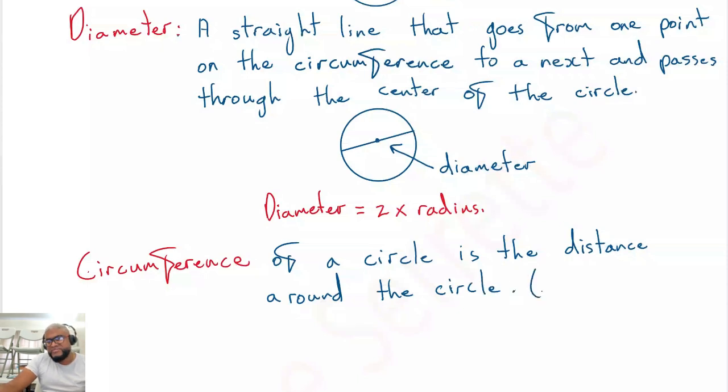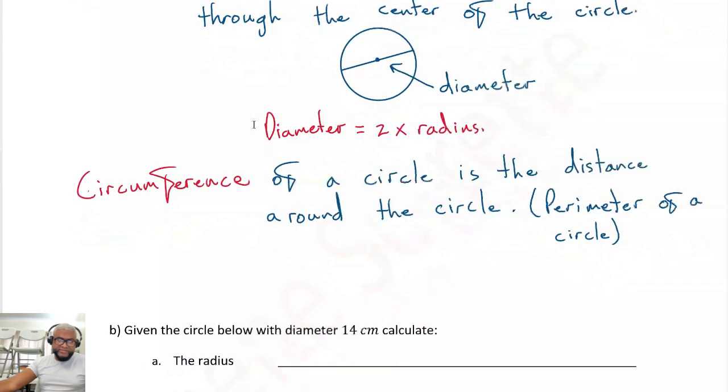So circumference is basically the perimeter of your circle, right?